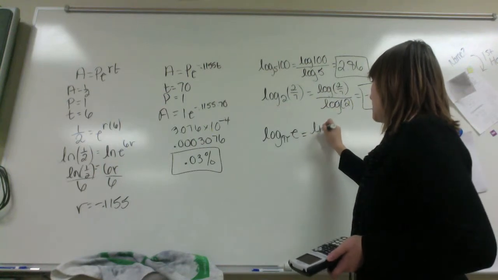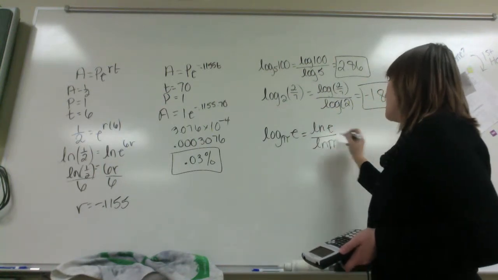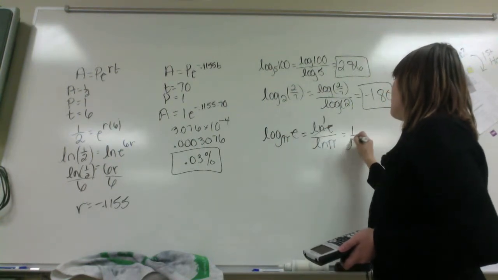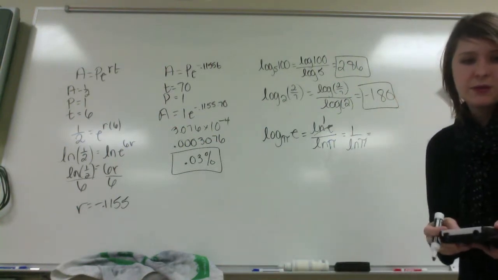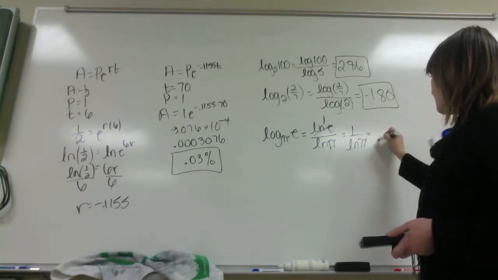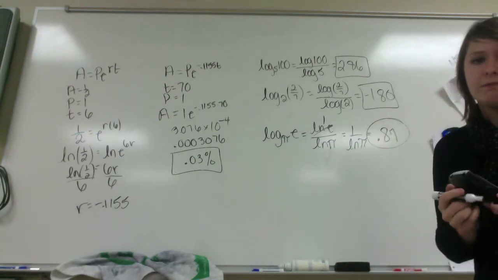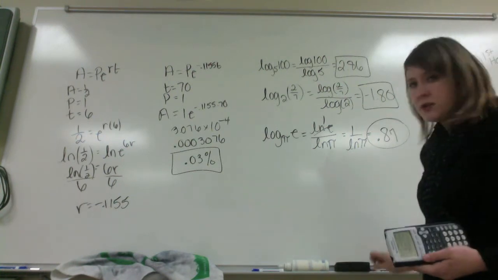So this will be the natural log of e over the natural log of pi. Natural log of e is just 1, so this is just 1 over the natural log of pi. If I plug that into my calculator, I get 0.87. Alright, so that's everything for Chapter 6.